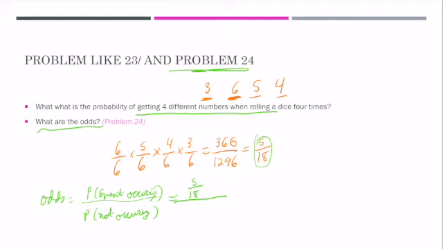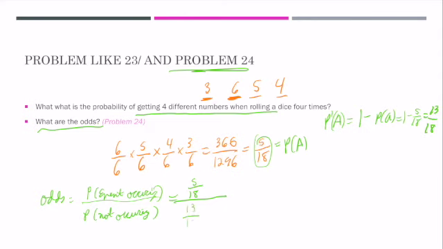What's the probability of my event not occurring? So let's call this event A. What if I want to find the probability of A complement? Well, remember that the probabilities of A and A complement added together sum to 1. So I'm going to take 1 minus the probability of A. So 1 minus 5/18 gives me 13/18.